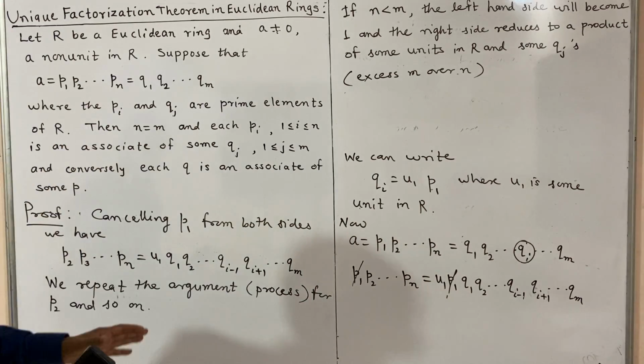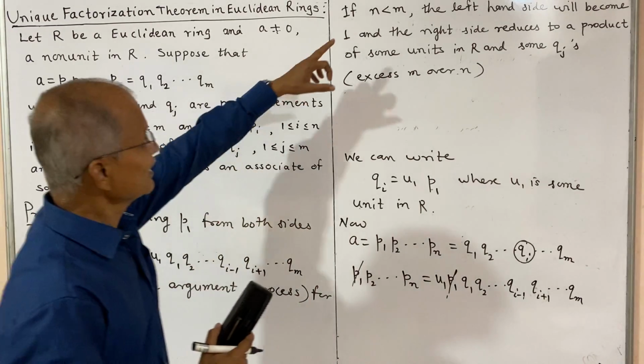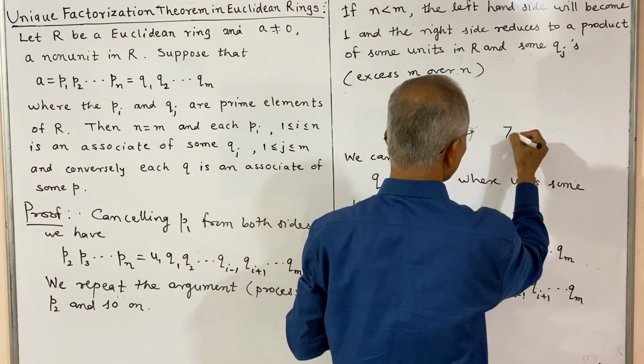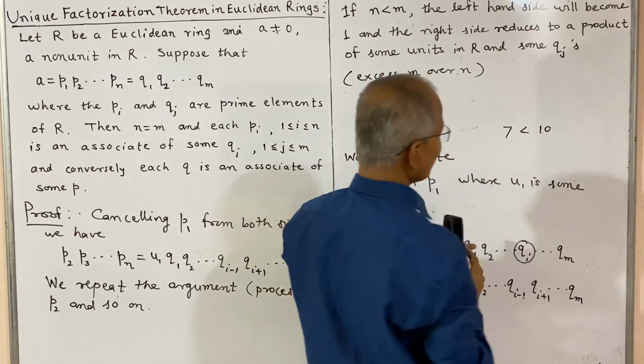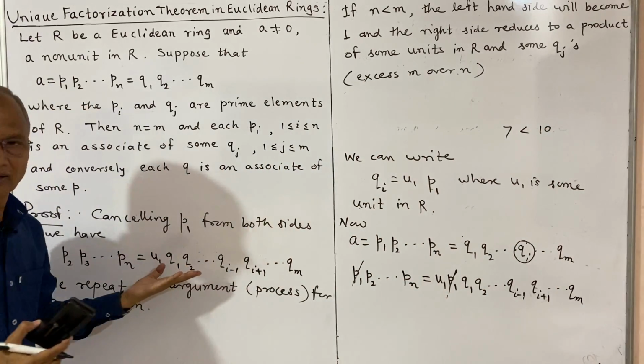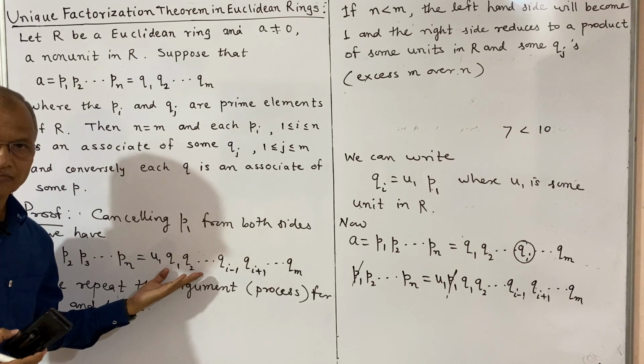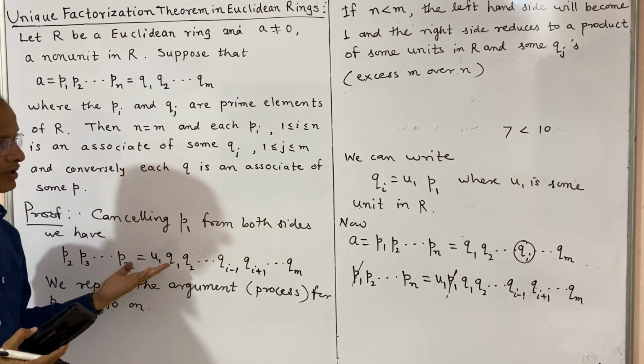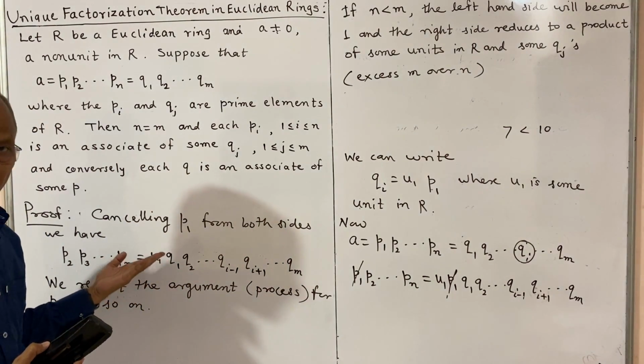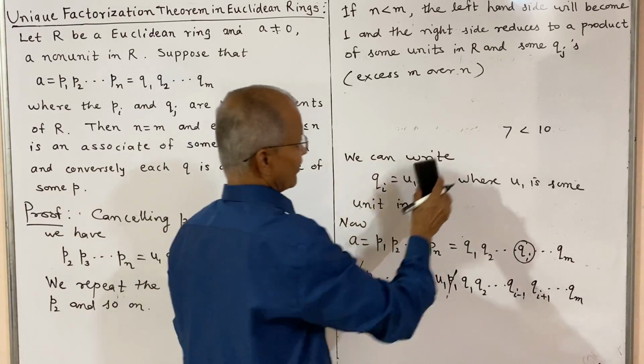That means suppose n is 7 and m is 10, then 3 Q's will remain on the right side, and 7 units will be there. So that will happen.